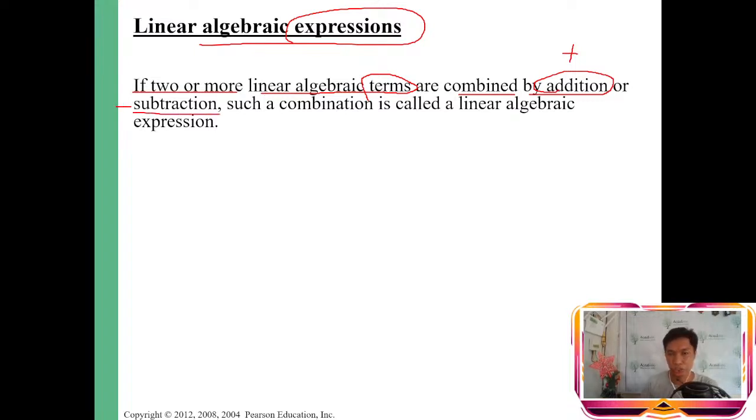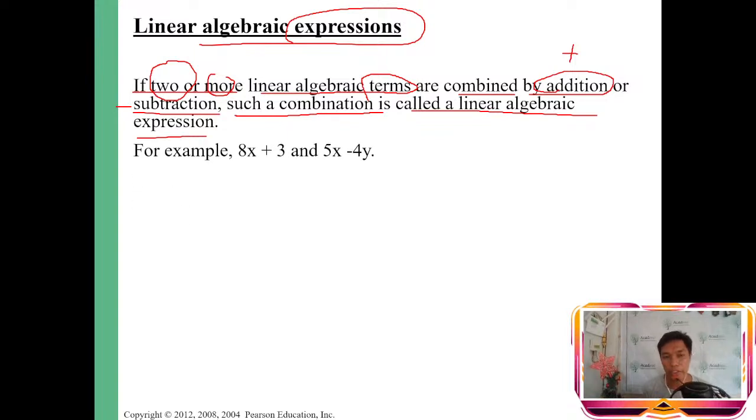Such a combination is called a linear algebraic expression. So take note, two or more. A while ago, a term is single. An expression is two or more.